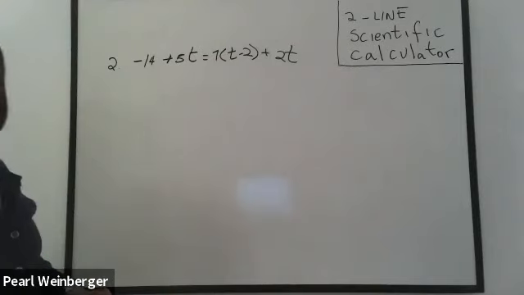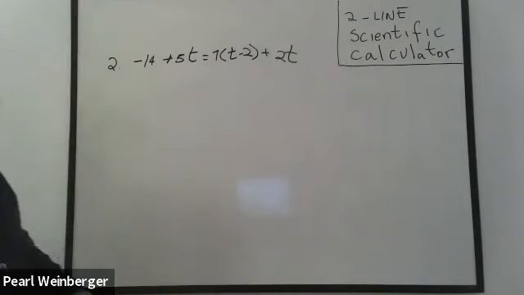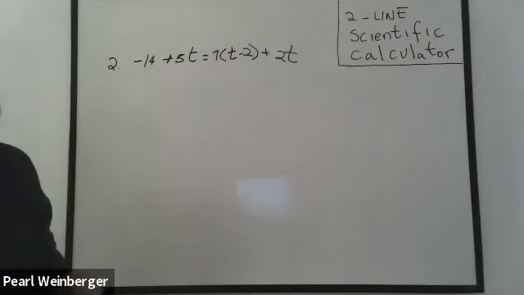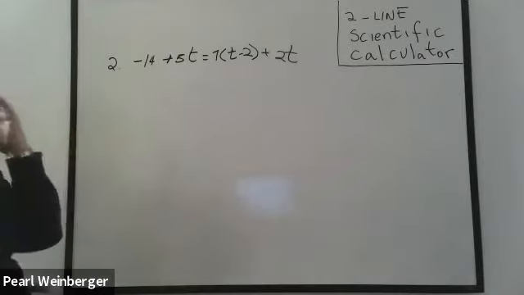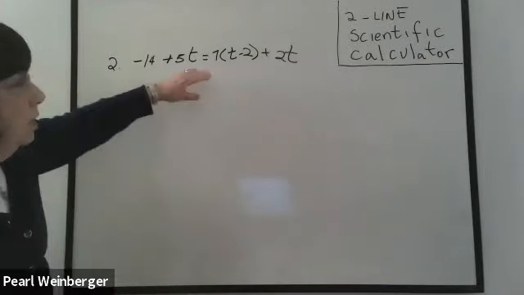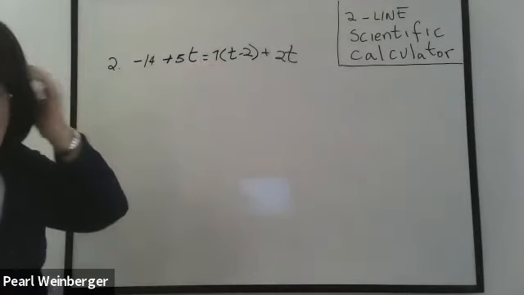It's called using the distributive property. Thank you, Ashley. Perfect. And that's always going to be your first step when you see a long, complicated example like this: try to remove the parentheses.